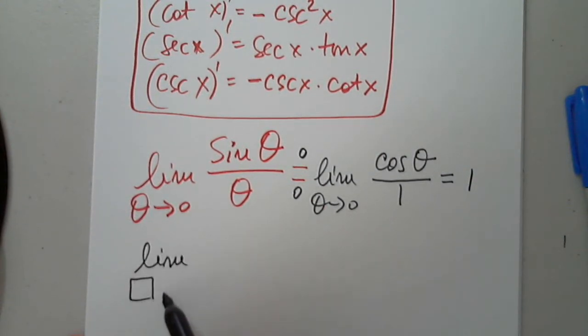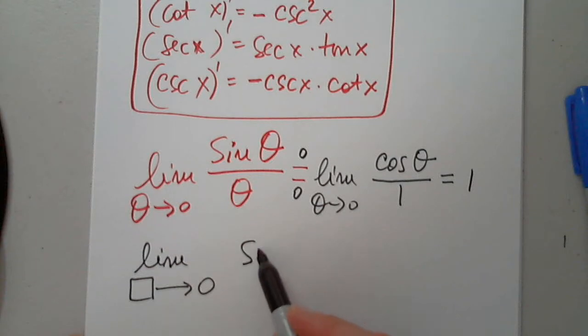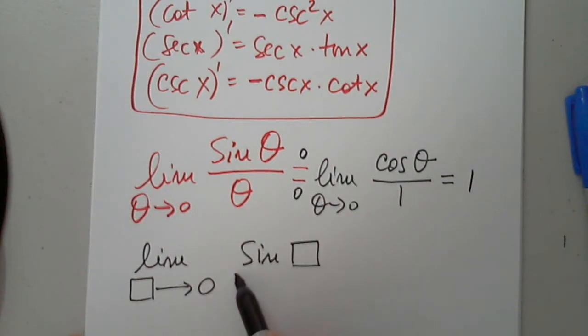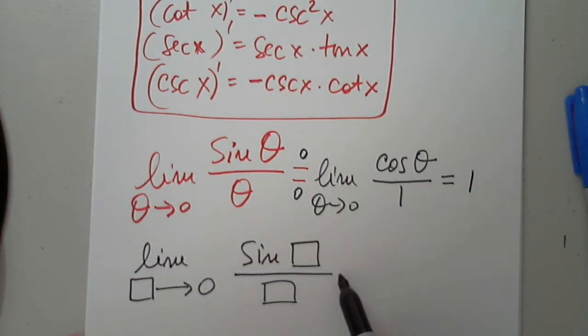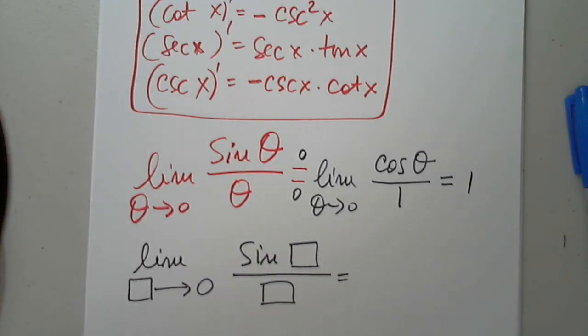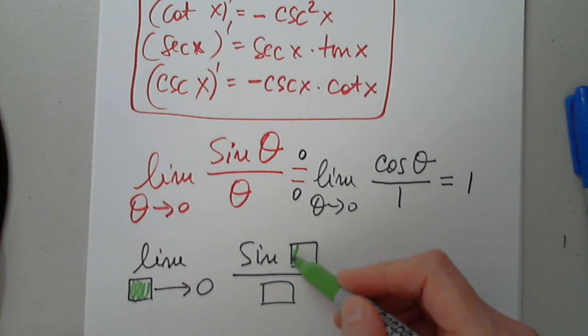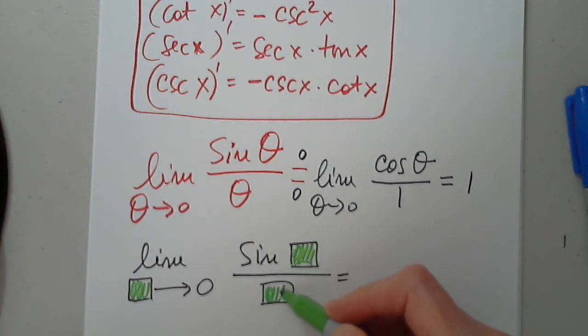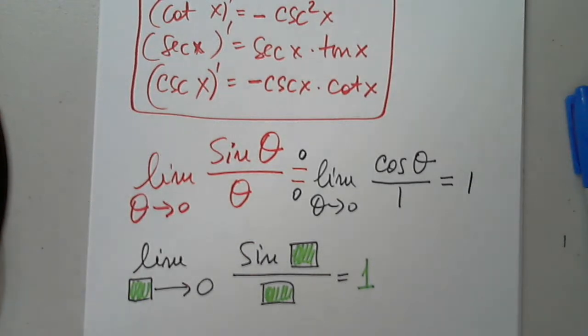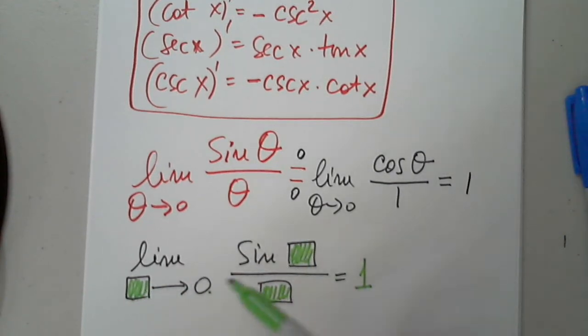Limit, as long as these pieces are all the same, the answer will always be 1. But everything has to be identical. This has to approach 0. These three have to be the same, and only then the answer is 1.